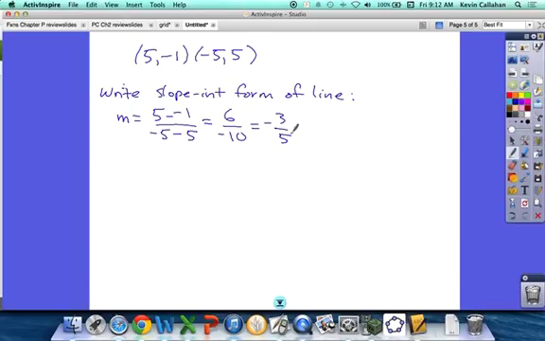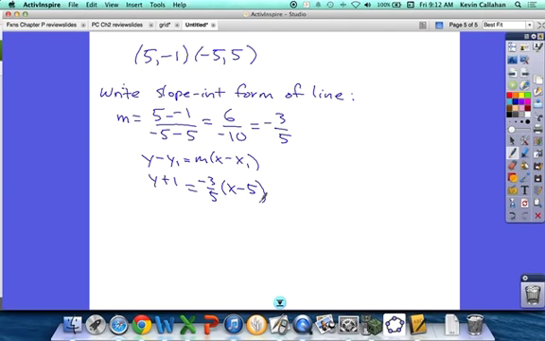Then we use point-slope: y minus y1 equals m times x minus x1. It doesn't matter which point, I'm going to use this one. Y minus negative 1 is y plus 1. I'll simplify that right away. And now I've got negative 3/5 times x minus 5.